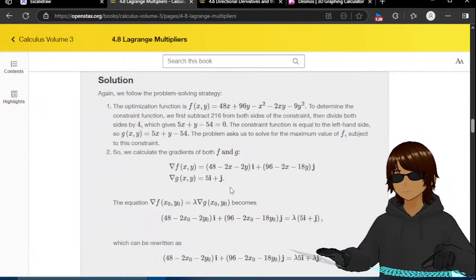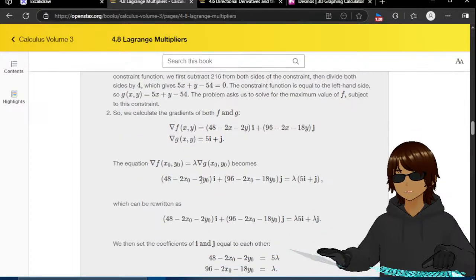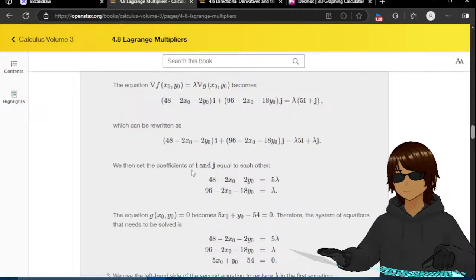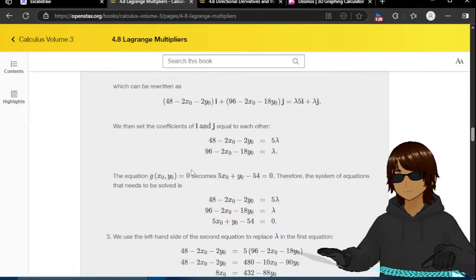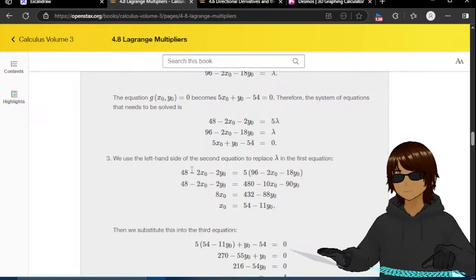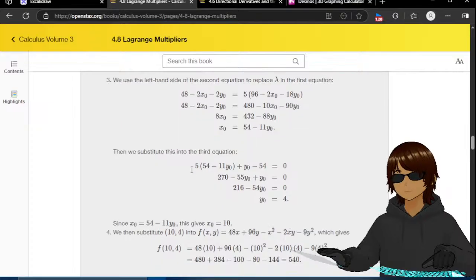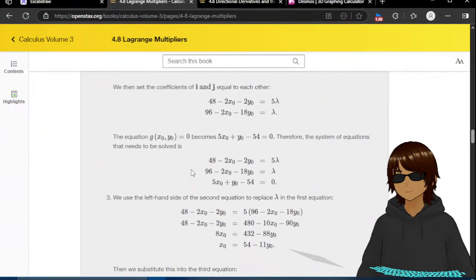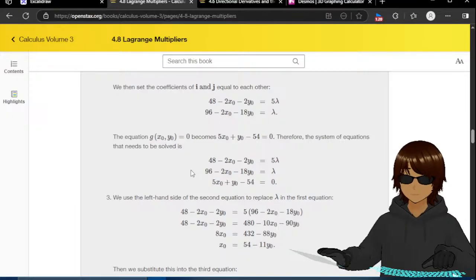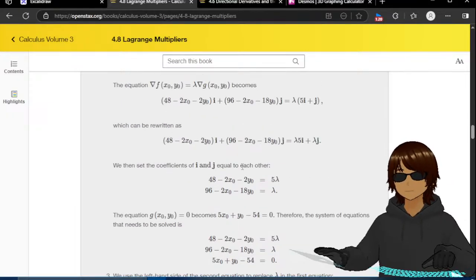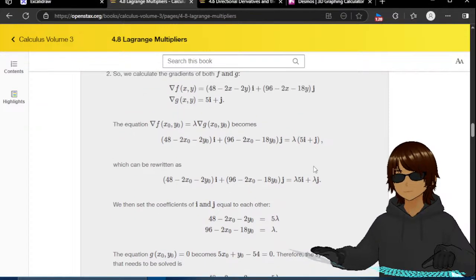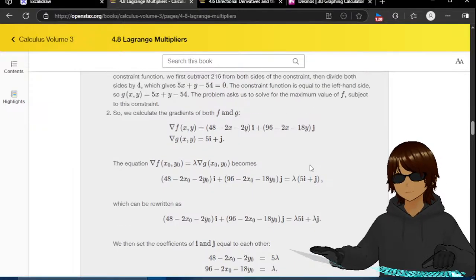Oh, instead of 20 and 4, they wrote 5 and 1. Wait, I did it all wrong. Grad g and this is grad f.